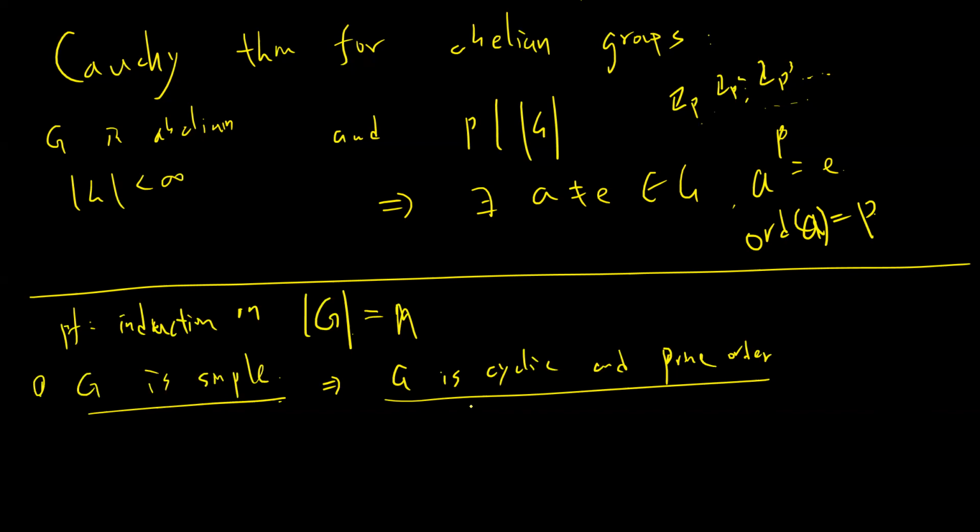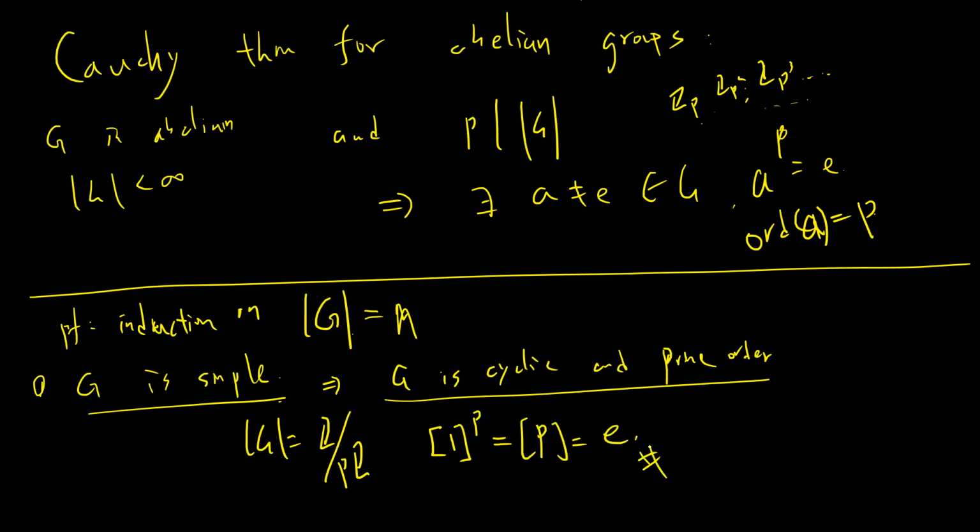Once you have this, since G is cyclic of prime order and P divides the order of G, G must be a cyclic group of order P. If you choose the cyclic group, you just take the element 1, which added P times will be the identity. Okay, so this is trivial.